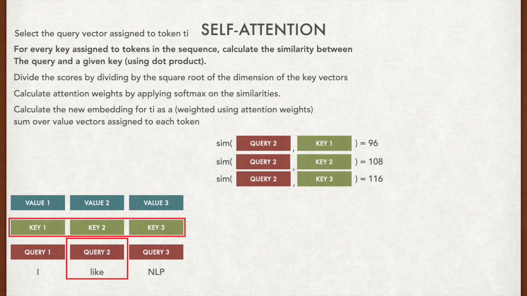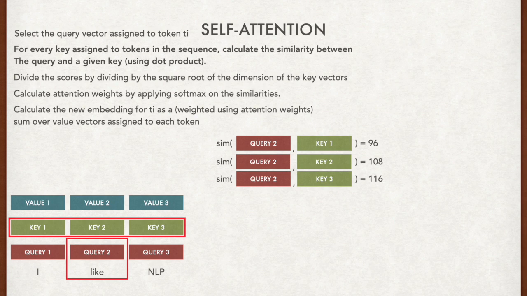This way, we obtain information on how important each token is from the perspective of our query of the token like. However, these values are unbounded. We see that the most important token is the third one, NLB, because the dot product is the highest. However, it's not easy to interpret such value, as it might become anything from minus infinity to plus infinity.